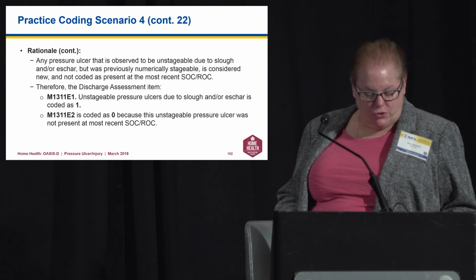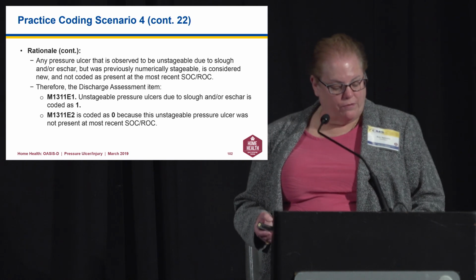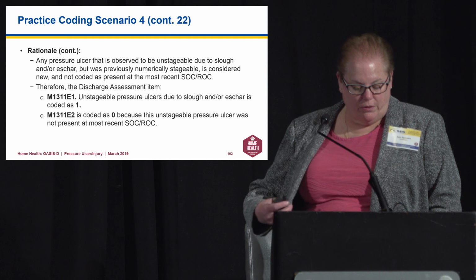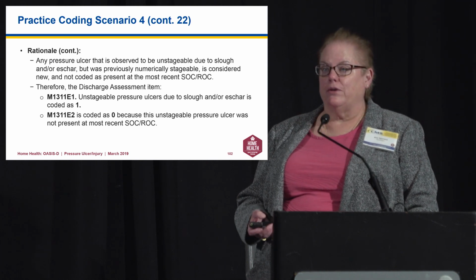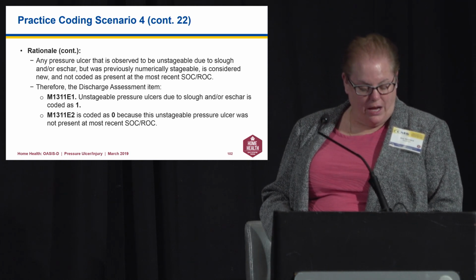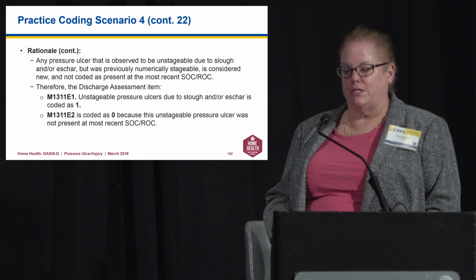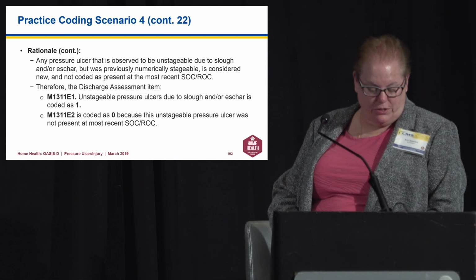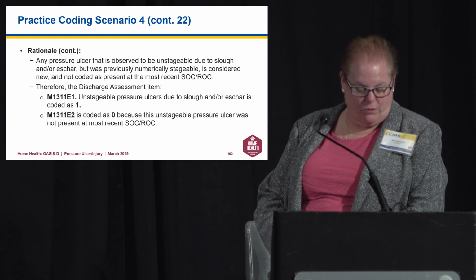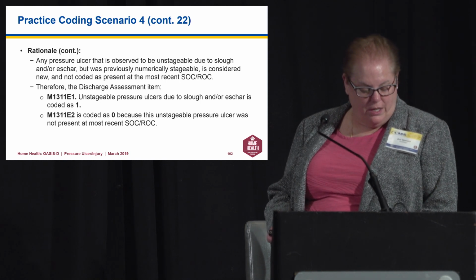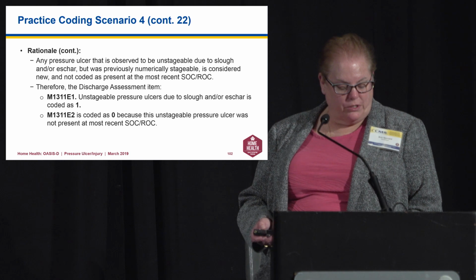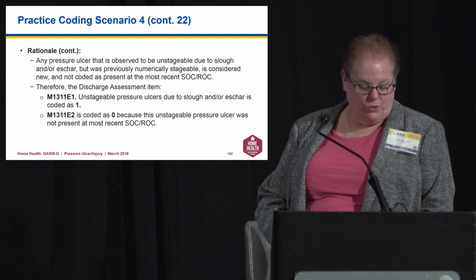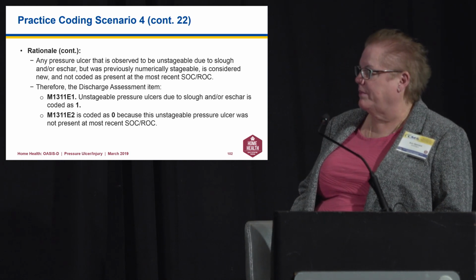Any pressure ulcer that's observed to be unstageable due to slough or eschar, but was previously numerically staged, is considered new and not coded as present on the most recent assessment. Therefore, the discharge assessment item for unstageable pressure ulcers due to slough and/or eschar is coded as a 1, and E2 is coded as a 0 because the unstageable pressure ulcer was not present on the most recent assessment.